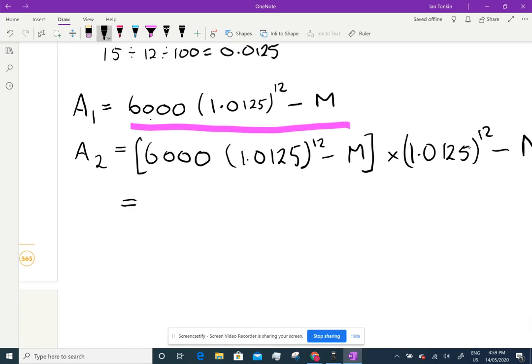So I'm going to expand this now. Hopefully you would have been able to do this. When I multiply this by this, I'm going to add the powers. Please remember, x cubed times x squared equals x to the 5. Please remember that.